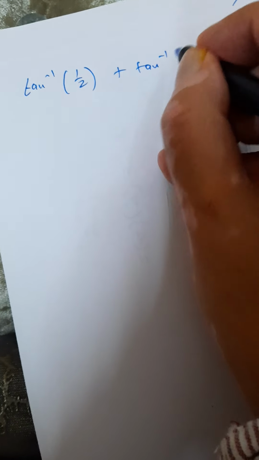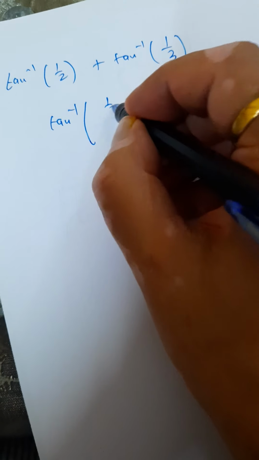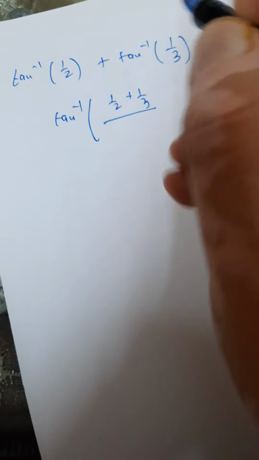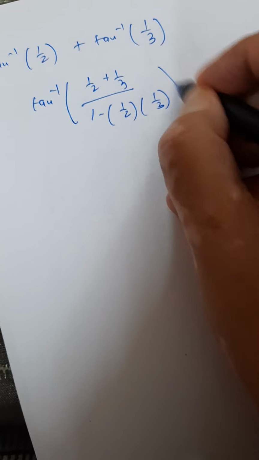Group the questions which I have discussed. I am just writing it again. Please see to it. I am explaining this again. You have tan inverse 1 by 2 plus tan inverse 1 by 3. Well, that's very simple. It's tan inverse of (1/2 plus 1/3) upon (1 minus 1/2 into 1/3).